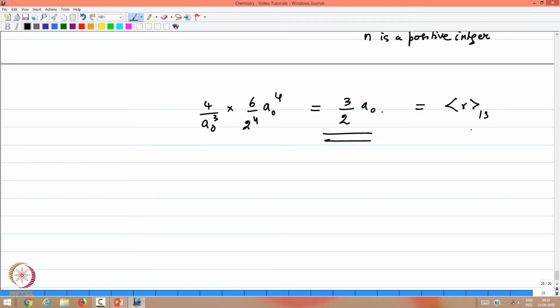Likewise, the average value for the radius in the 2s orbital, 3s orbital, etc., they will all be larger than this, and you can see that they correspond roughly to what Niels Bohr had pictured as an orbit of the electron.